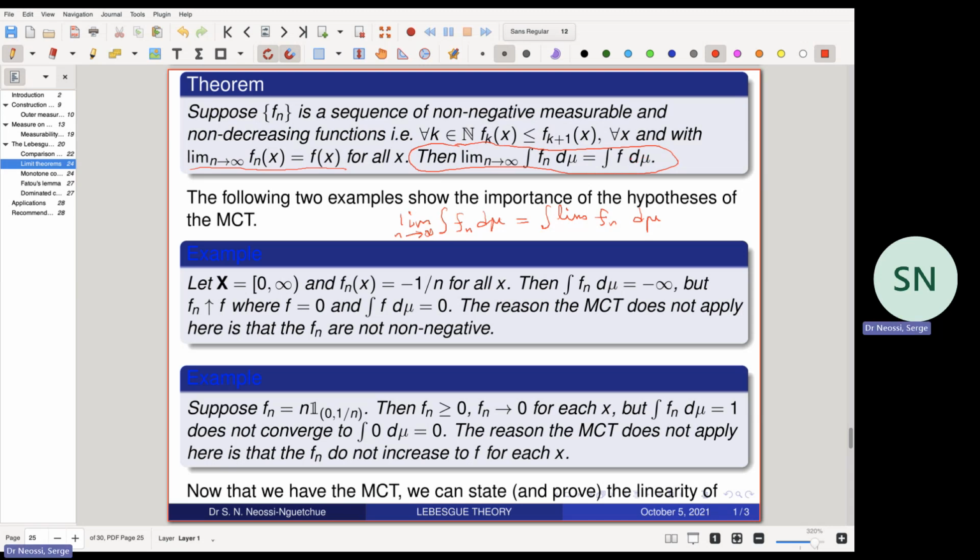So this is what the monotone convergence theorem tells us. Right. And something that was not mentioned here is actually that the limit f is integrable, because we cannot write this if the function is not integrable. So this function f actually is an integrable function, and we have this result.